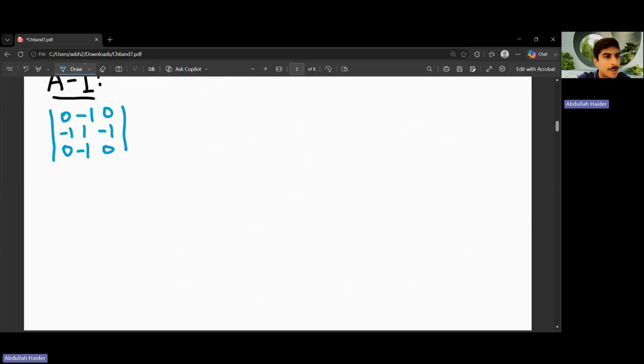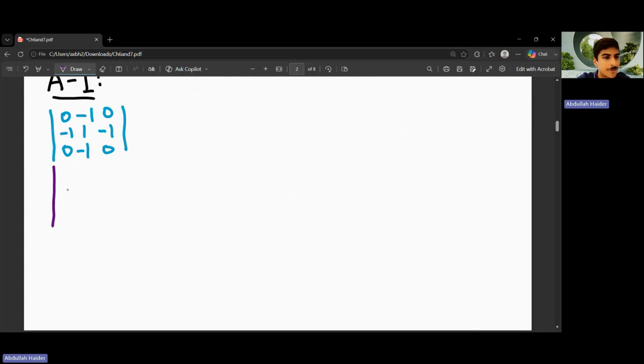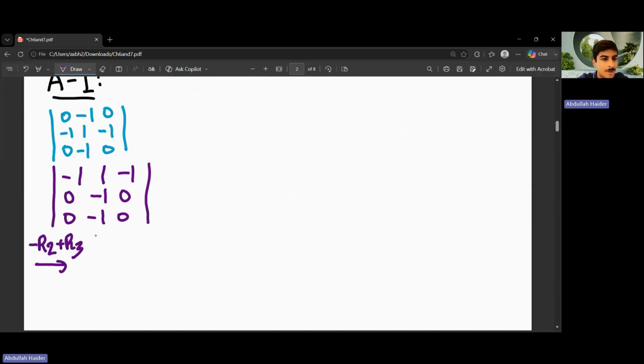I need to row reduce this matrix. What I can do is first swap R1 and R2, giving minus 1, 1, minus 1, 0, minus 1, 0, 0, minus 1, 0. And then I can do minus 2R2 plus R3, basically canceling out this row.